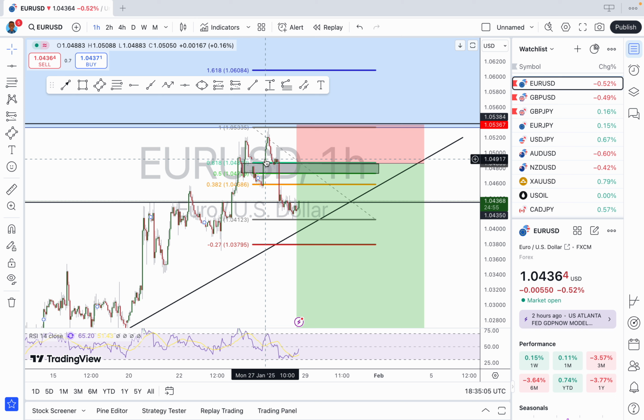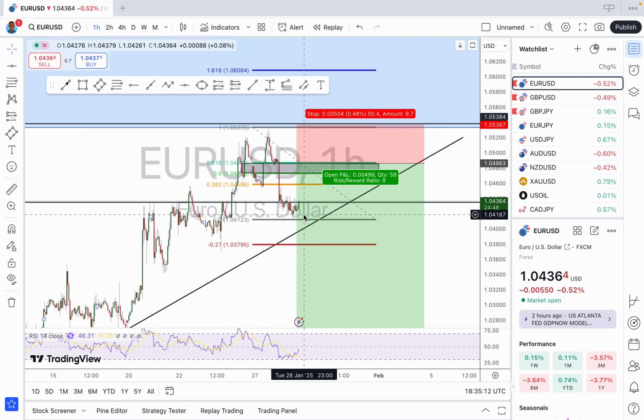Oftentimes we tend to obey it, and that's why I tend to use it often. So we pull into here. My ideal scenario, we pull into here, we either range, have sideways movements or whatever, and then start pushing to the downside.